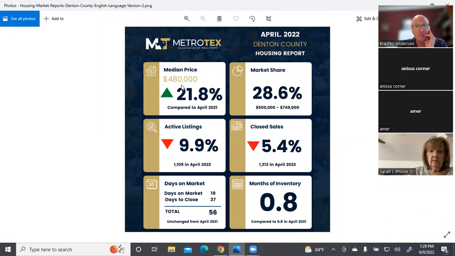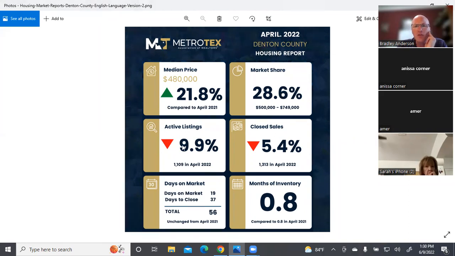But this, again, 2 months ago, the picture was a lot different. Median price, and this is the entire Denton County, went up 22%. Market share, I am not sure what they mean by that, other than realtors as a percentage of how many was sold in the county. I'm not quite sure where they're getting market share from.